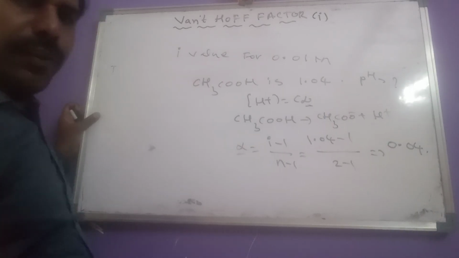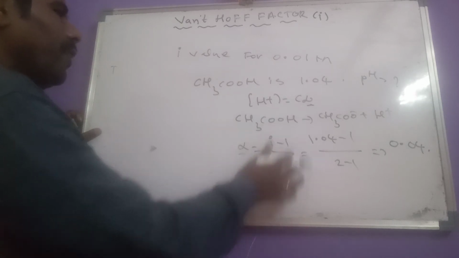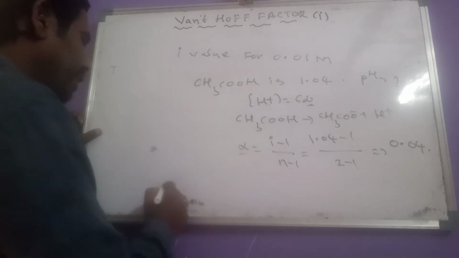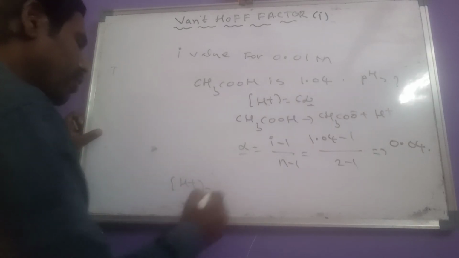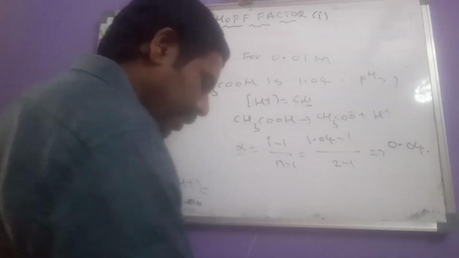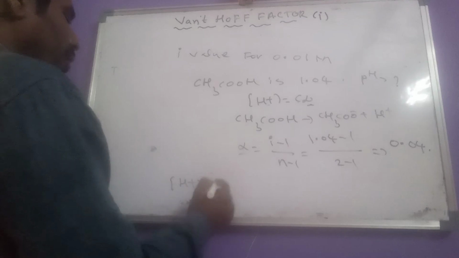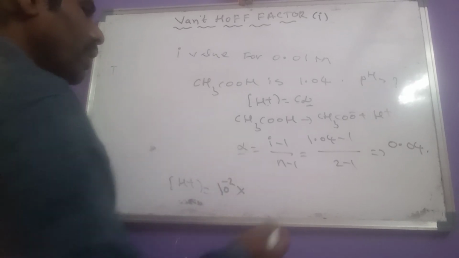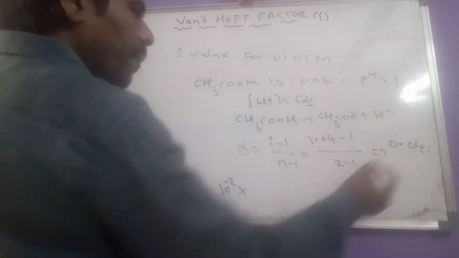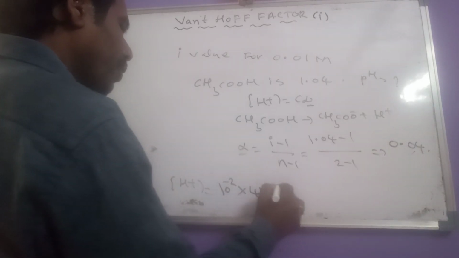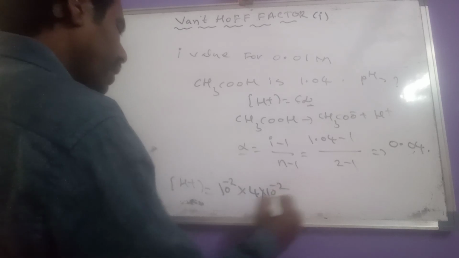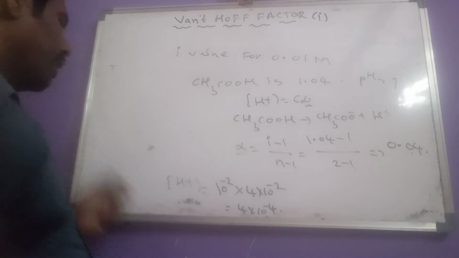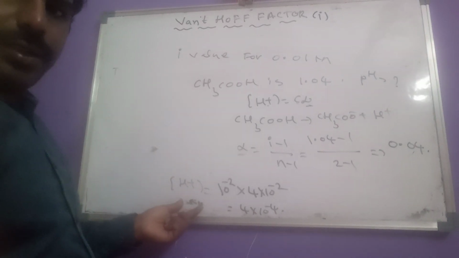This is the alpha value. After getting alpha, we calculate H plus using the given concentration. Now H plus equals, the given concentration is 0.01, which can be written as 10 power minus 2, into the alpha value 0.04, which can be written as 4 into 10 power minus 2. Now this value is 4 into 10 power minus 4. So this is the H plus ion concentration.